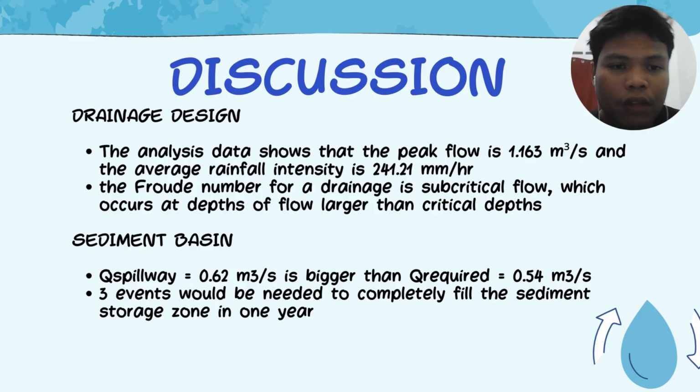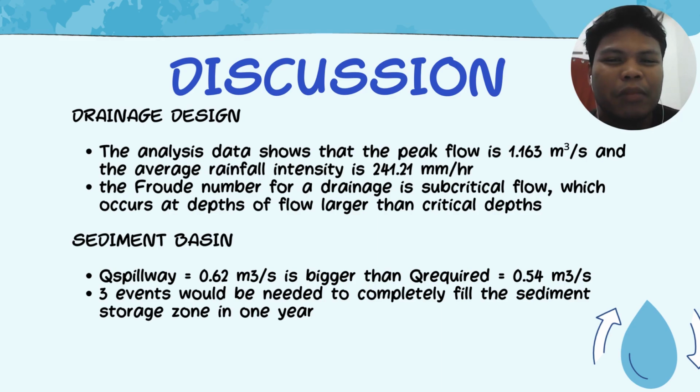The discussion of our project: after we analyzed and calculated our data for the drainage design, the analysis shows that the peak flow is 1.163 meter cube per s and the average rainfall intensity is 241.21 millimeter per hour. The flow for the drainage is subcritical flow, which occurs at a depth of flow larger than critical depth.